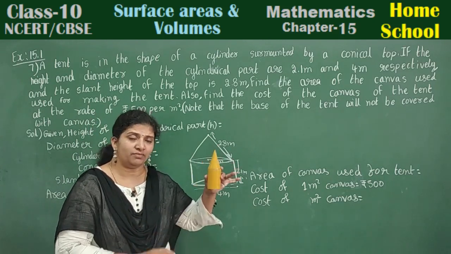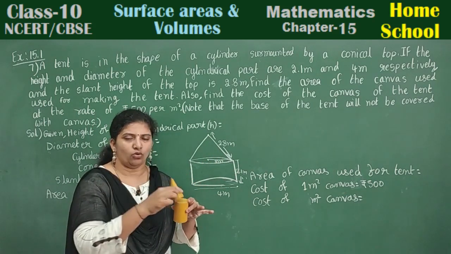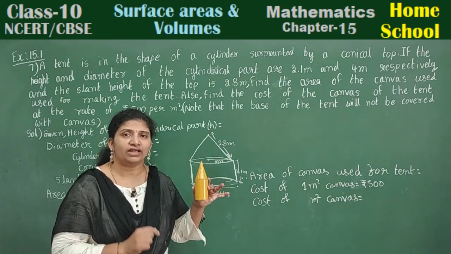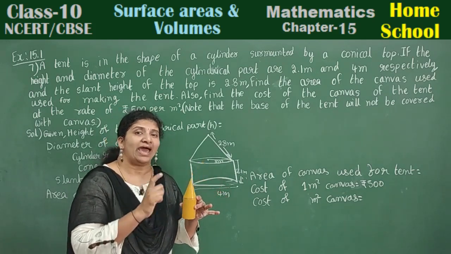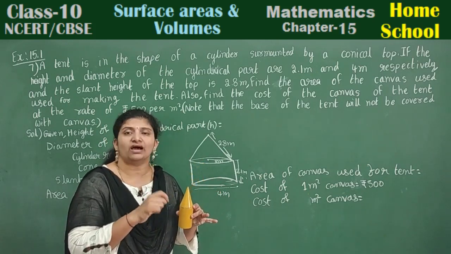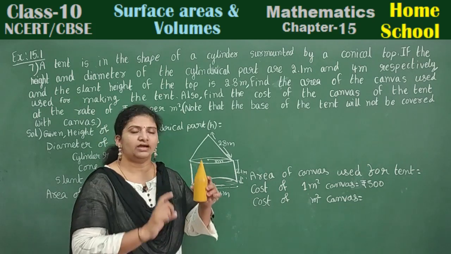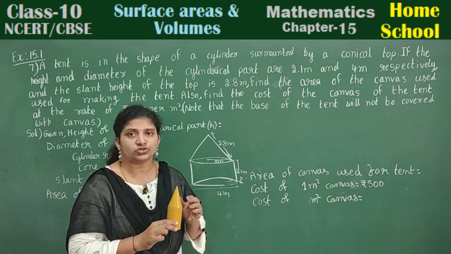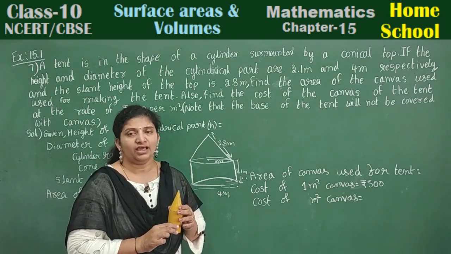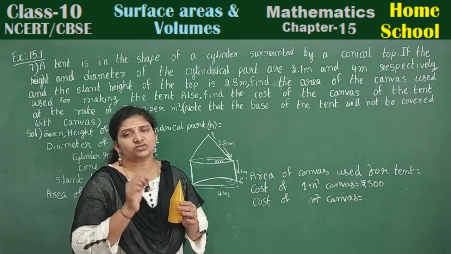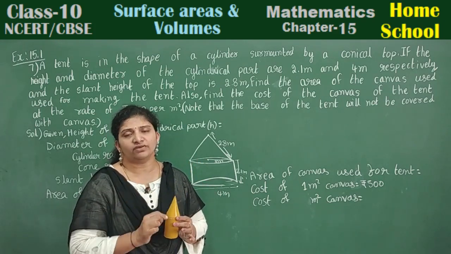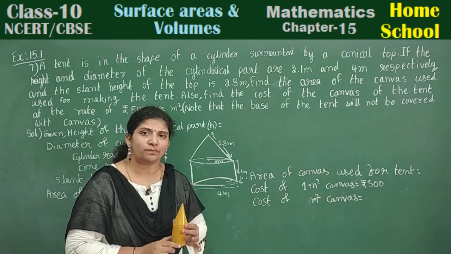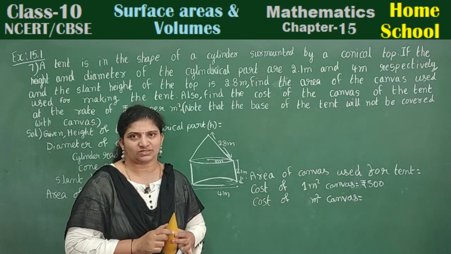Total area of the tent means CSA of a cone plus CSA of a cylinder will give you the total area where the canvas is to be covered for the tent. And then for each square meter, we need to pay 500 rupees to the tailor.